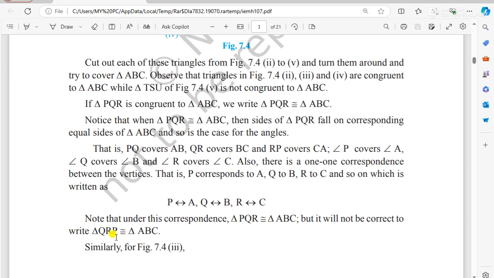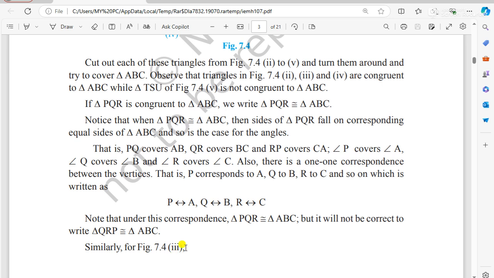But it will not be correct to write triangle QRP is congruent to triangle ABC. Why? Because corresponding vertices should be matched.